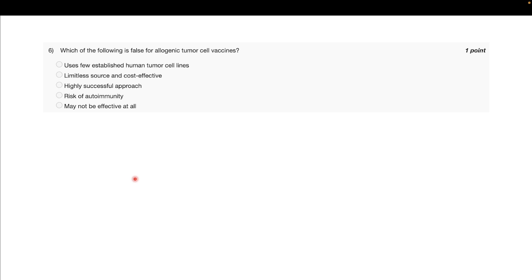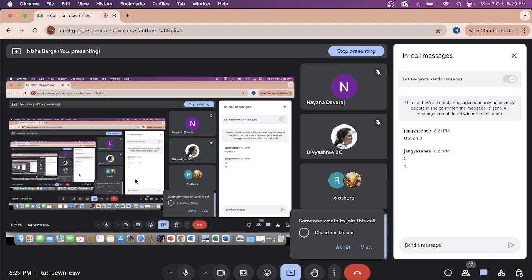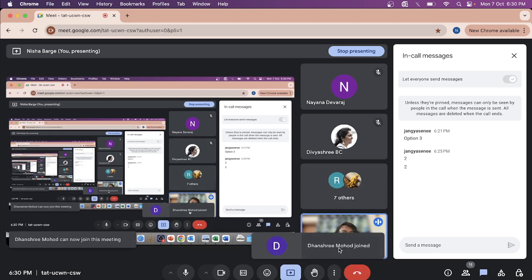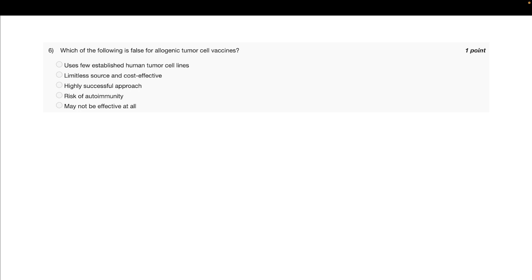Next is, which of the following is false for allogeneic tumor cell vaccines? Okay, sorry if I'm missing the answers posted in the chat box.